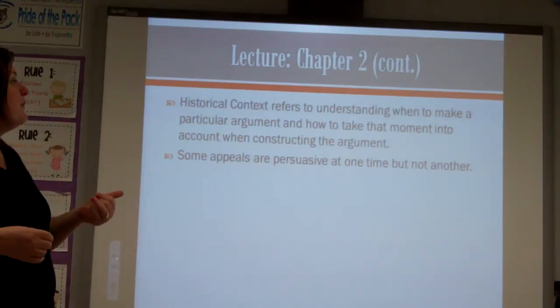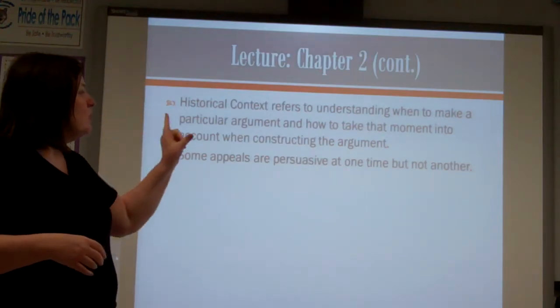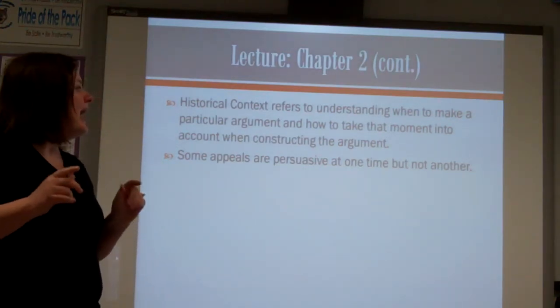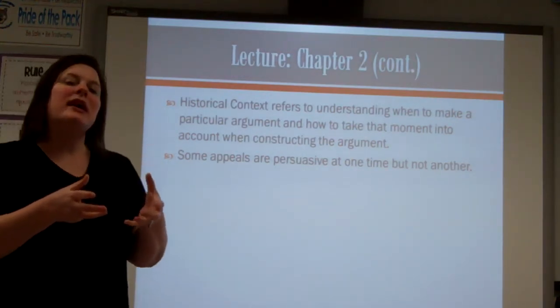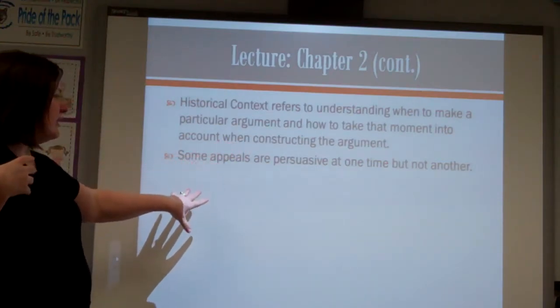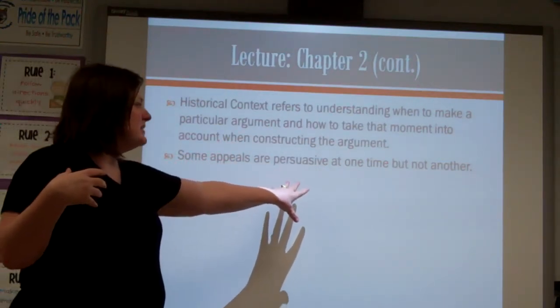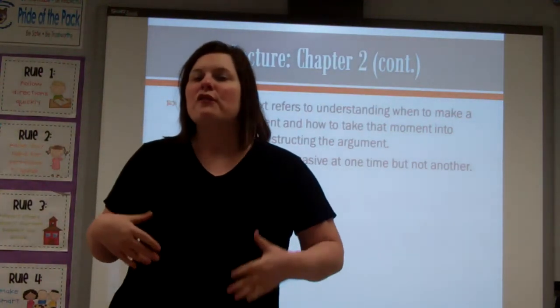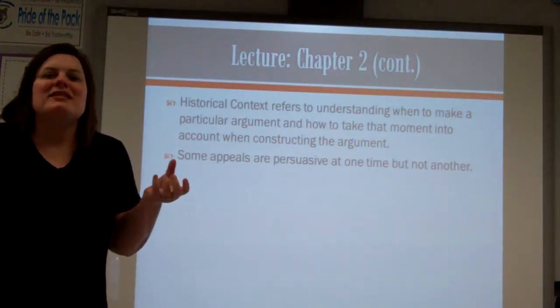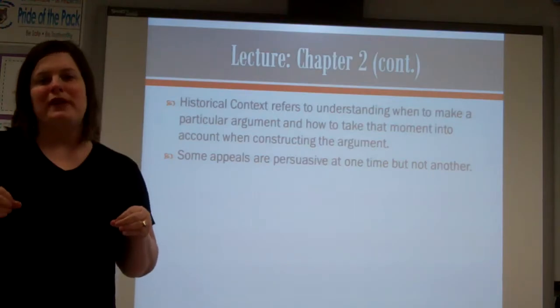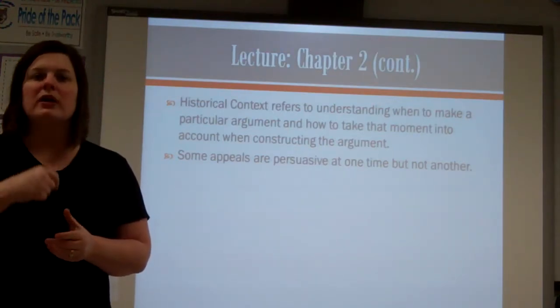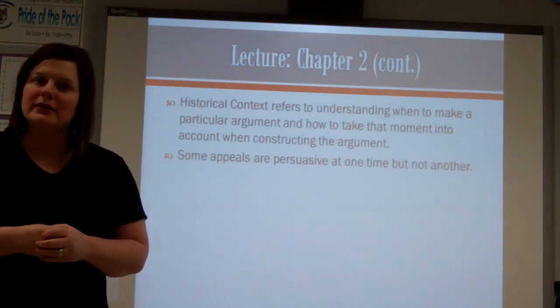Historical context refers to understanding when we make an argument and how to take that moment into account when we're constructing an argument. The same appeals are persuasive at one time but not at another. For example, why is the gun control debate so effective right now? Two words, Newtown, Connecticut.